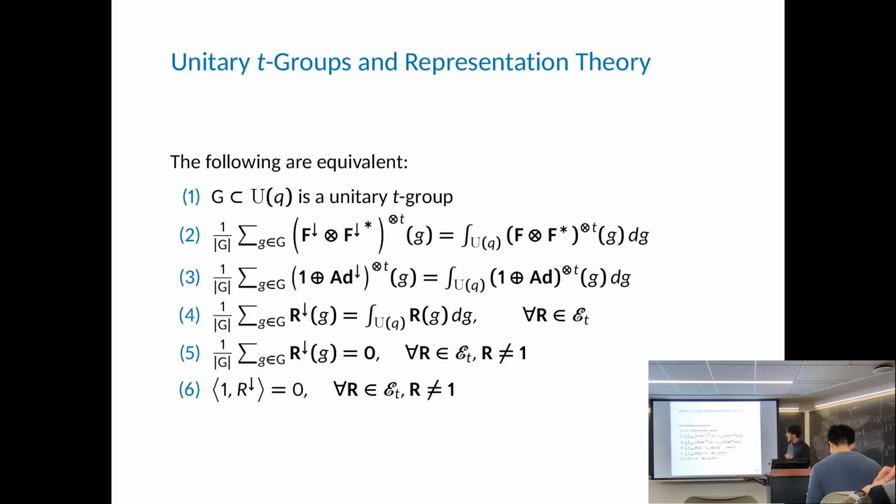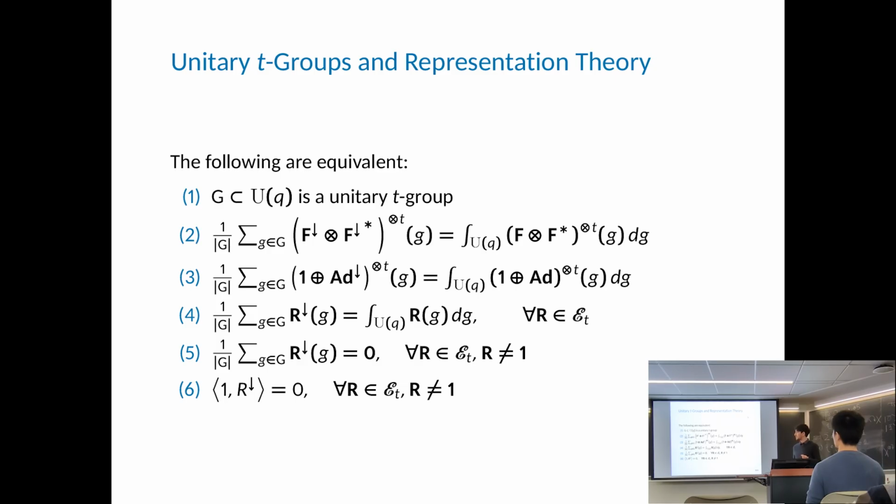And now we can think of these things as isotypic projectors. So this brings us back to isotypic projectors. We can sneak in a copy of 1 and imagine this to be the isotypic projector of the trivial representation. So that means that it'll vanish unless, of course, R is equal to 1. So whenever R is not equal to 1, this should vanish.